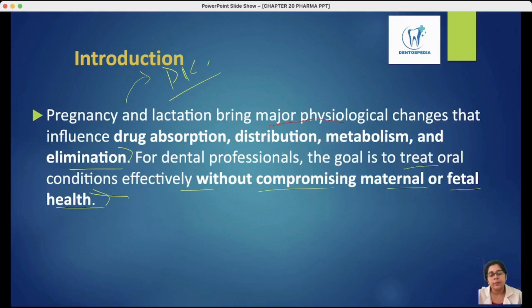In pregnancy, there is also a main concern about oral health, because, as you will be studying in periodontics, gingivitis is one of the most common issues that happens in pregnancy. So we have to treat that oral condition, and also in pregnancy, multiple physiological changes happen to a mother, which affects the pharmacokinetics of the drugs, that is, drug absorption, distribution, metabolism, and elimination.